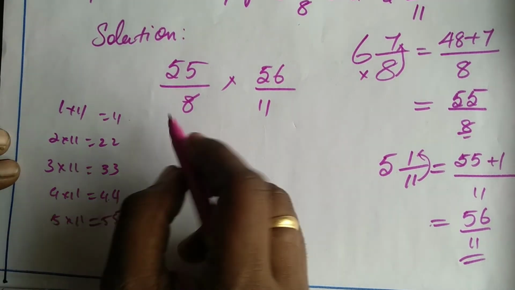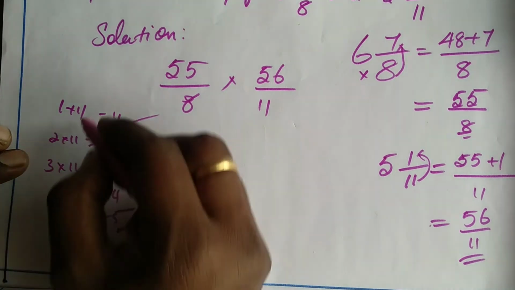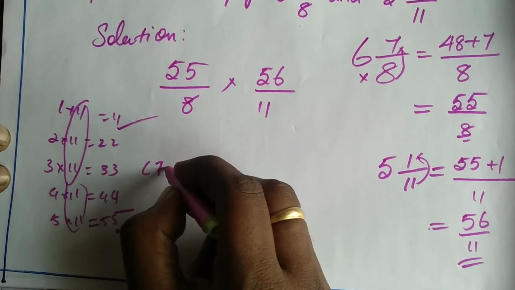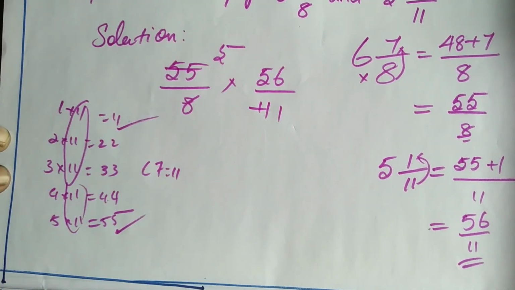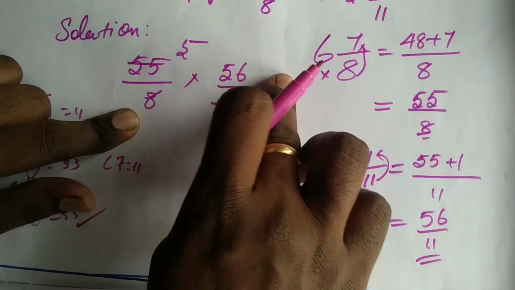So 1 11 is 11, 5 11s are 55. So the common factor here is 11. So CF is equal to 11. So 1 11 is 11, 5 11s are 55. So cancel that.